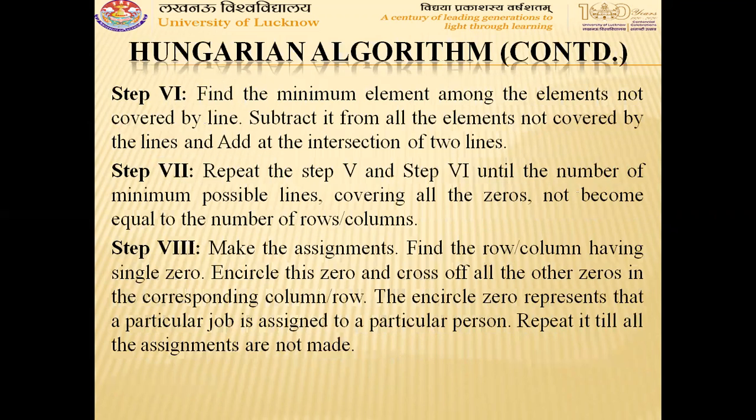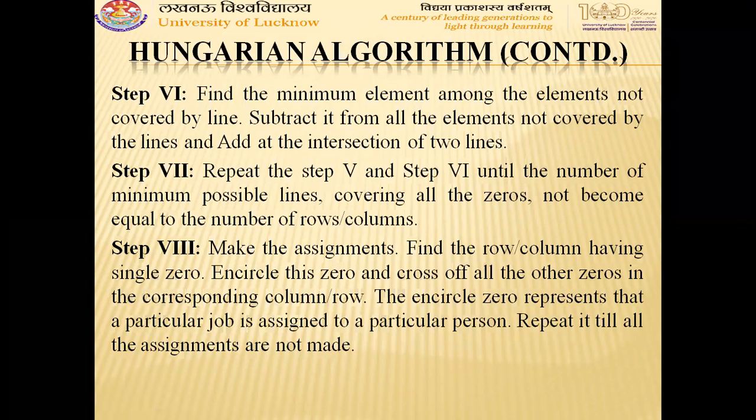So if the number of lines is smaller than the number of rows or number of columns, or the order of the assignment matrix, then we have to find the minimum element among the elements not covered by a line, and subtract this element from all the elements not covered by the line, and add it to the elements at the intersection of horizontal and vertical lines.